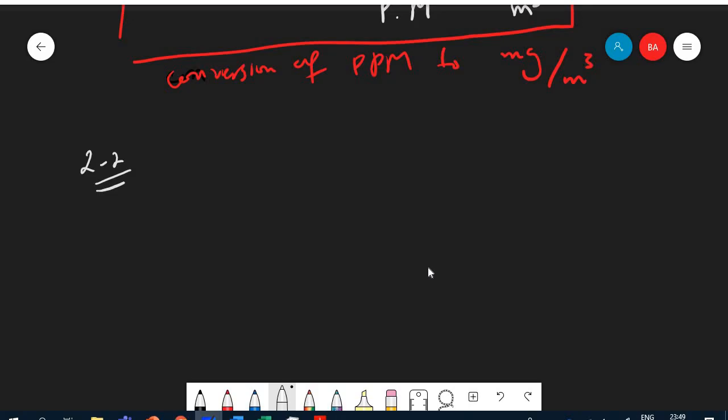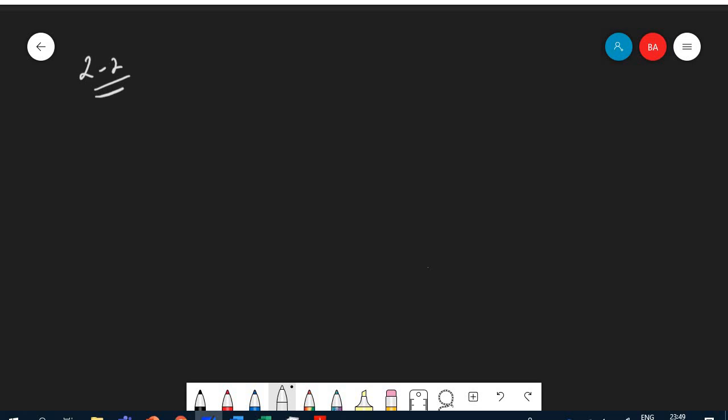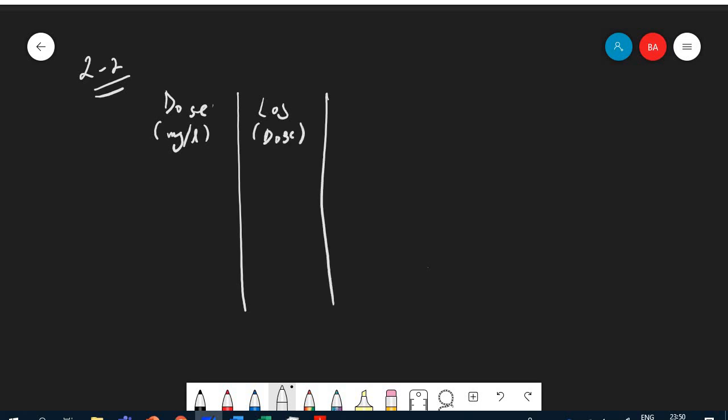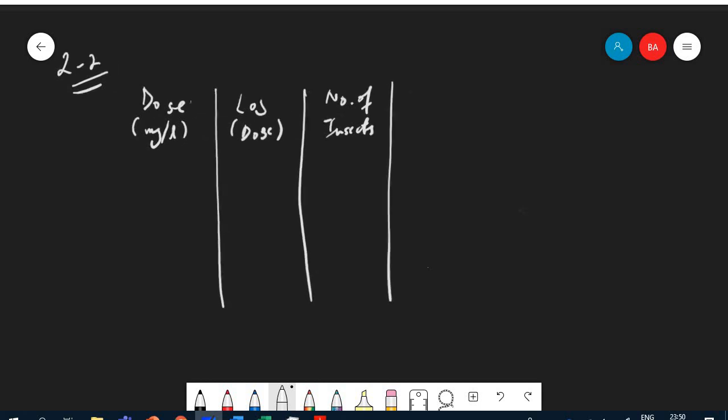So, going to our problem to be solved here, let us see the data and fill it in. That is the dose. We want to look at the dose in milligrams per liter, and we also want the log of that dose, because we are going to use that log in the plot. We already know how many insects we have, and we also have the number affected.